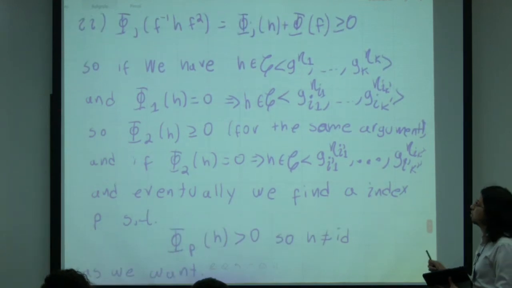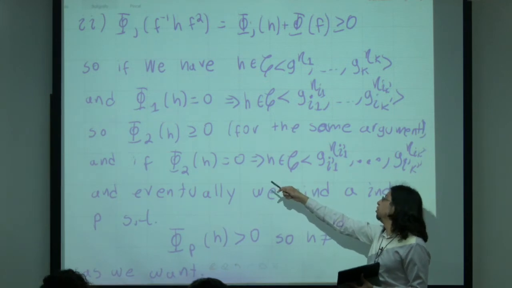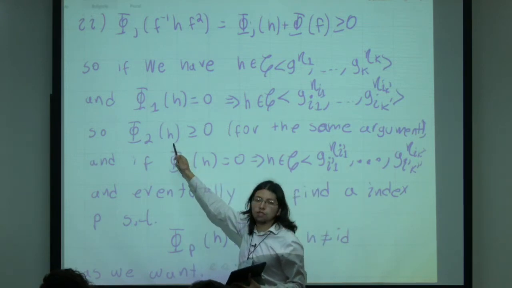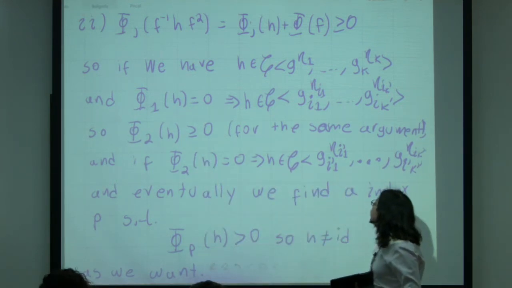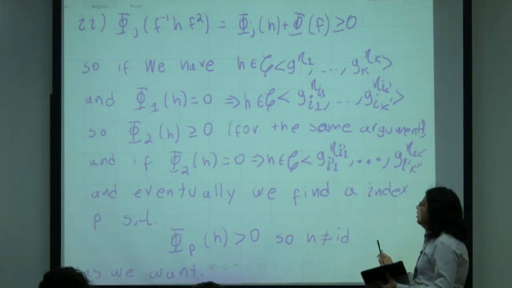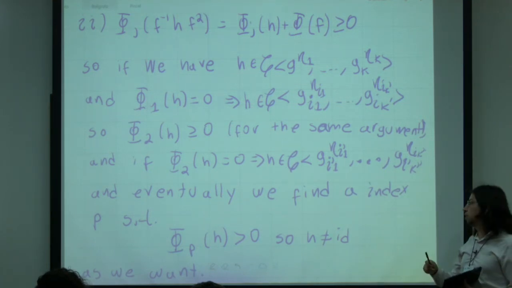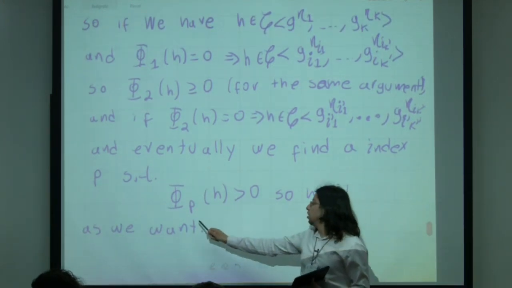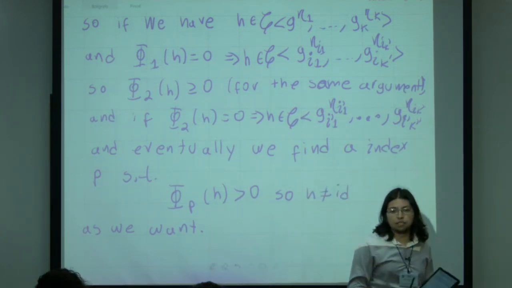So, well, by the same argument as above, we have that phi2 of h, because it lives in here, belongs to the domain of the homomorphism phi2. So this is greater or equal to 0. If it's positive, we must stop. If it's 0, this implies that h lives in the next semigroup, this weird semigroup. But eventually we find an index such that a homomorphism on this element must be positive.